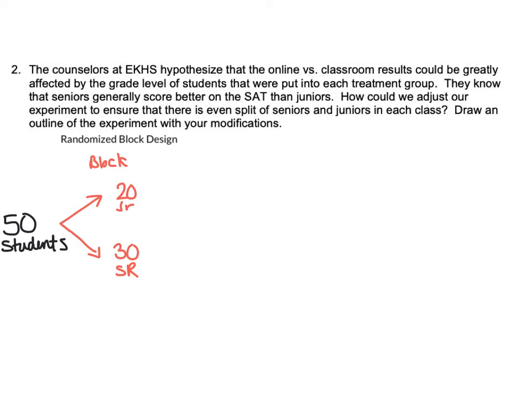But from here, I am going to split each block into 2 groups. This is where I'm going to do the random assignment. I would describe that as numbering the juniors 1 through 20, and generating unique numbers, ignoring repeats. The first 10 numbers that are generated would go to treatment 1.